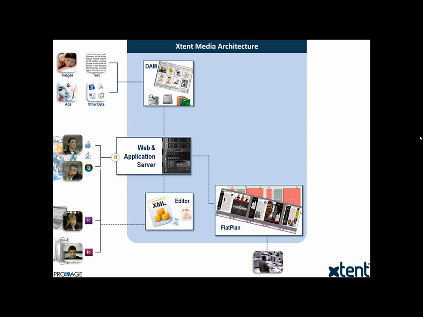Xtent can also import data from external systems into the flat plan module, which is then used to define the publication. The flat plan module is also a place where users can really collaborate on the progress of a publication. They can see real-time views of pages, they can add notes and change statuses, generate up-to-date reports on assignments and statuses, and access all the content in one environment.